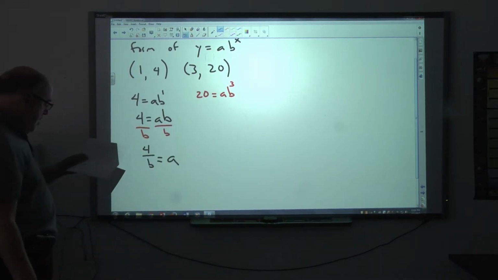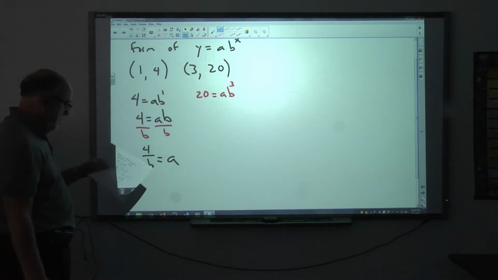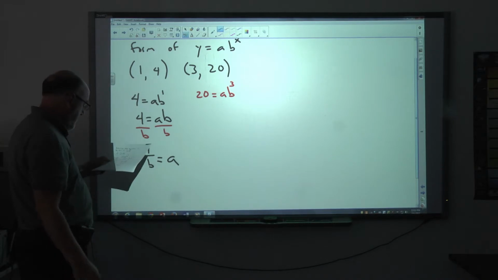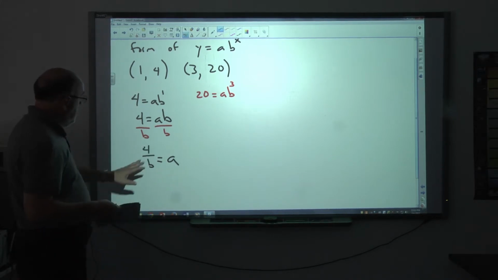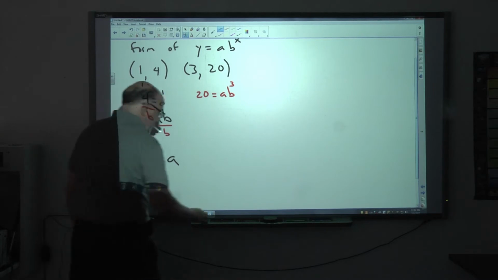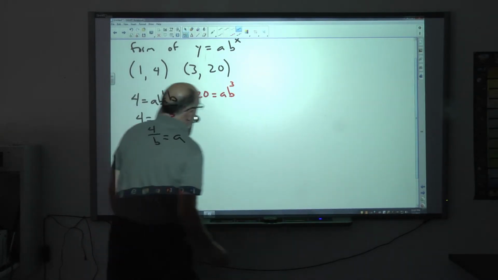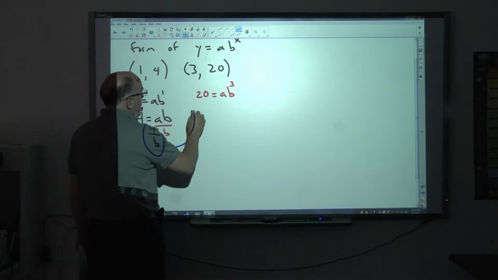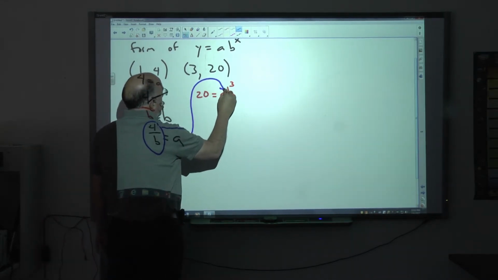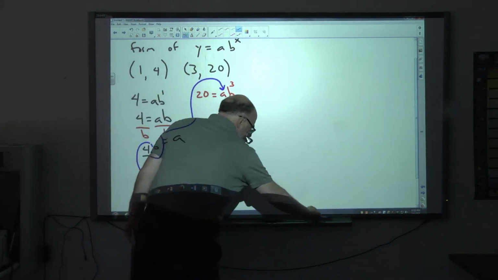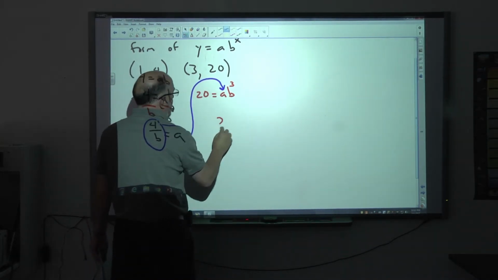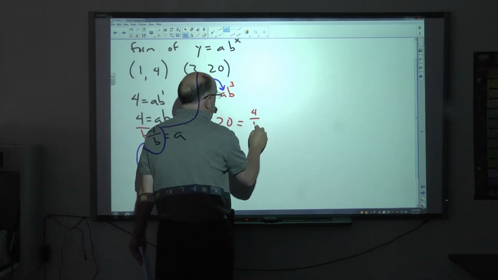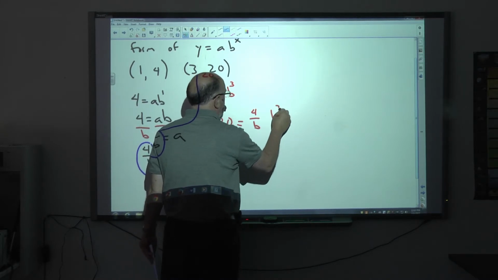So we can take this part and substitute it in for a. We're going to have 20 equals 4 over b times b cubed.